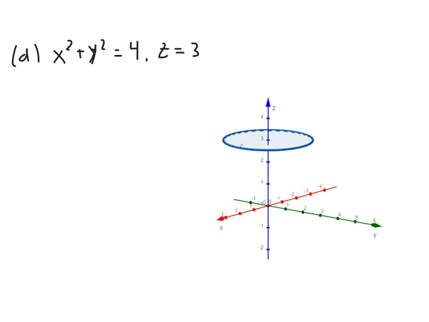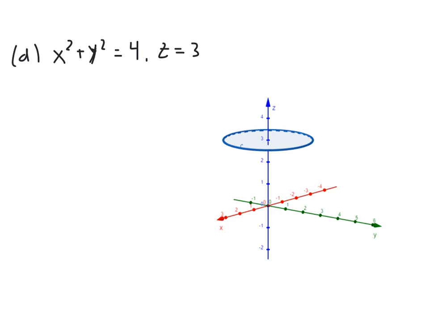Here we see a circle that's centered on the z-axis. The center of this circle would be the point (0, 0, 3), 3 units above the origin. And it has a radius of 2. So if we look straight down the z-axis, this circle would look like it lies in the xy plane, and it would look like x squared plus y squared equals 4.